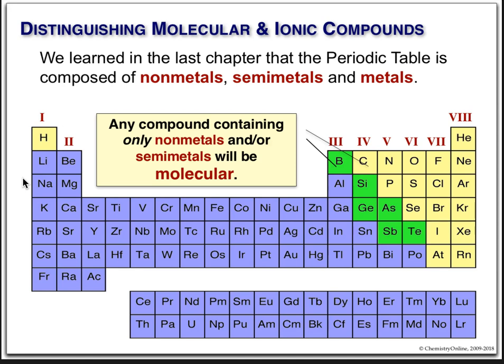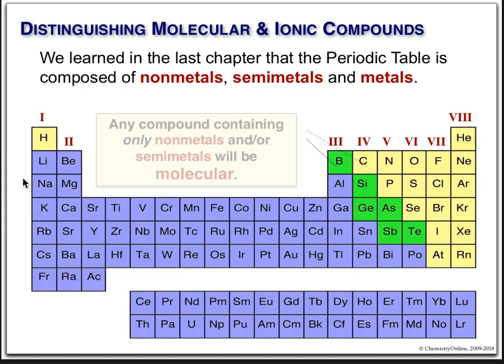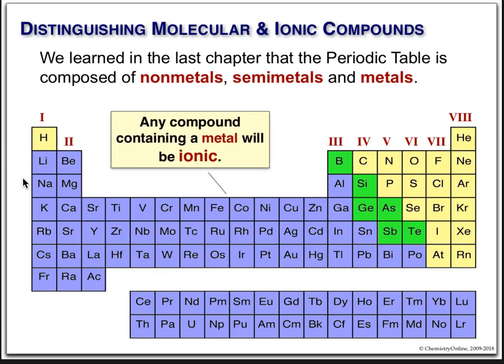If it has a metal anywhere in it, it will be ionic. So all you have to do is look at your elements. If one of them is a metal, forget it. It's an ionic compound. If there is no metal, only nonmetals, semimetals, it will be molecular.